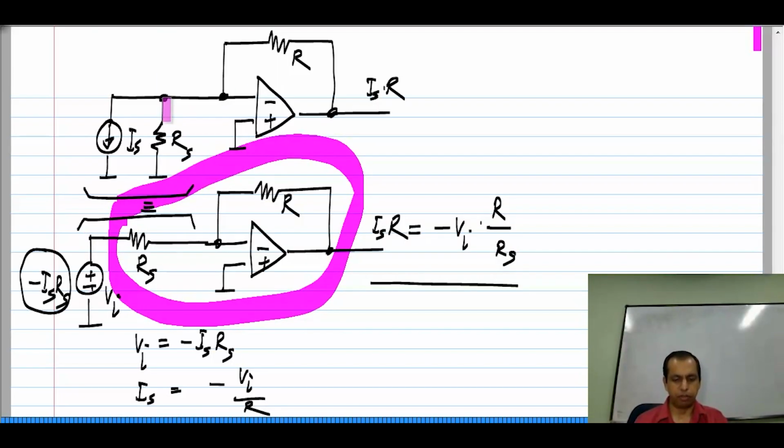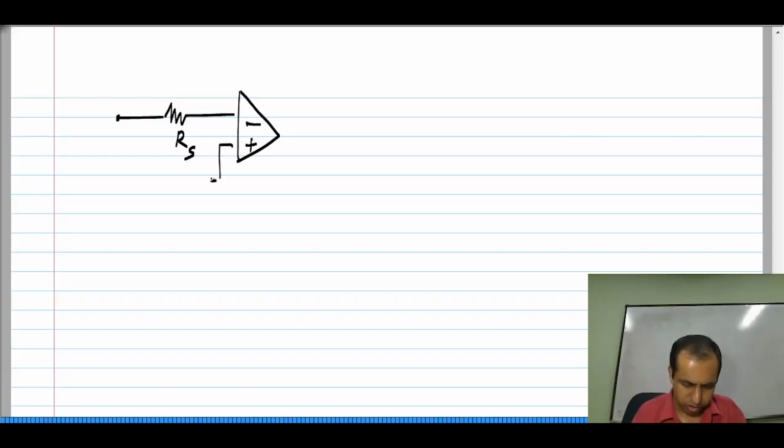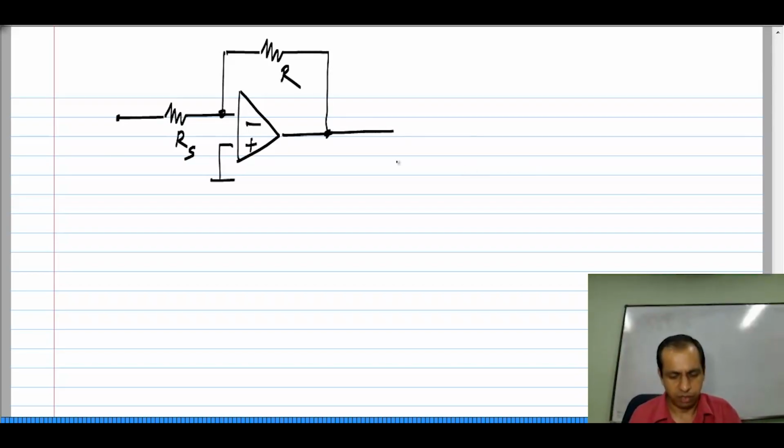I originally started from this idea of a current source with a resistance in parallel, but in general this resistance can be anything. It does not matter whether it belongs to the voltage source or whether you put it there. The total resistance being Rs, the output voltage will be minus Vi, the voltage source value, times R by Rs. Okay. So, this circuit is known as the inverting amplifier.